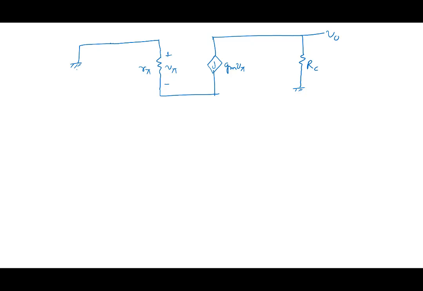Let me put it to ground here, and let me add a resistor RE, and let me add a source here Vs. And what I'm looking for is what is V0 by Vs. What will be V0 by Vs?